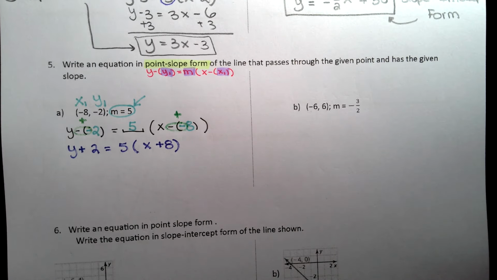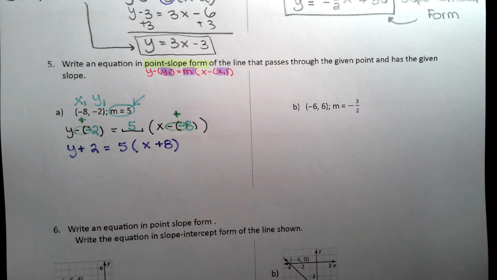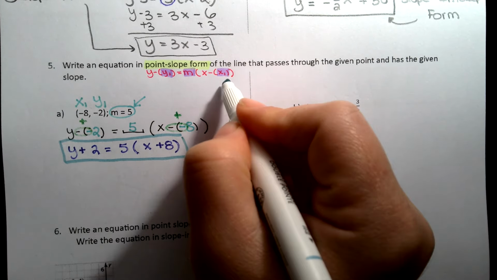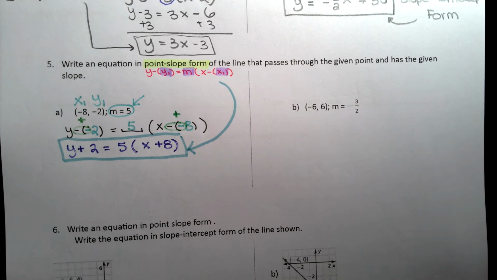So they are asking you to write an equation in point slope form. Point slope form is this format here. So I am going to put a box around this. This is what they are asking us for. Do not do more if they're asking you for point slope form. If they're asking you for a different format, then you have to continue.